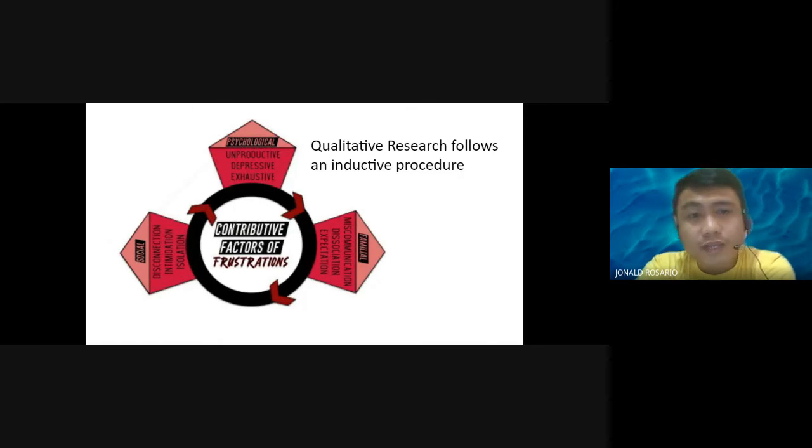So, qualitative research class is inductive or follows an inductive procedure. Why? Because qualitative research starts from specific to general. So, the specific part of the conduct of the research are the responses of the participants. So, yung mga responses ng mga participants po natin, yun yung mga specific part.